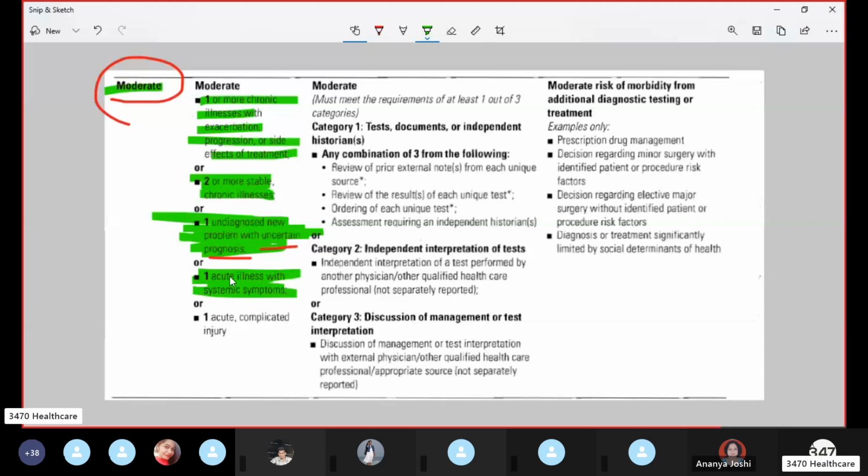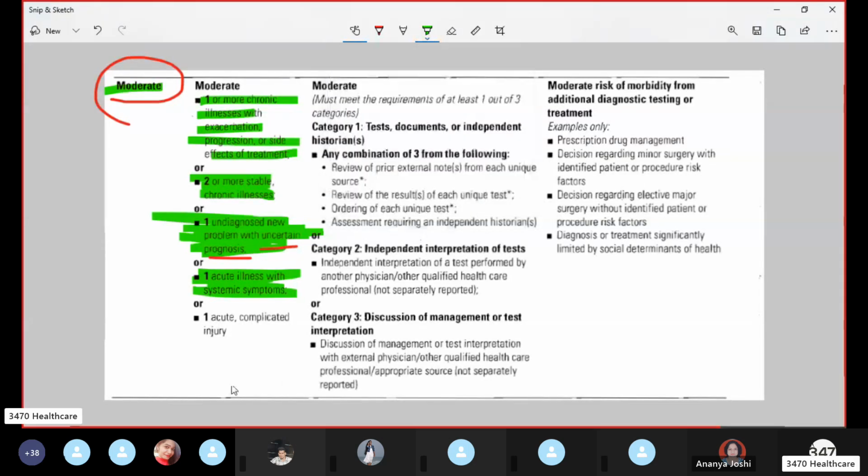All UTIs, most of the conditions come under the moderate. One acute, currently started, related to the system: cardiovascular, GI, GU, like that. All UTIs mostly will come under moderate.